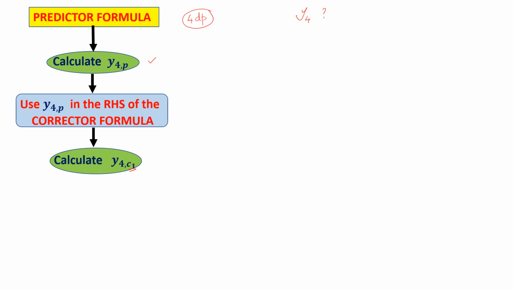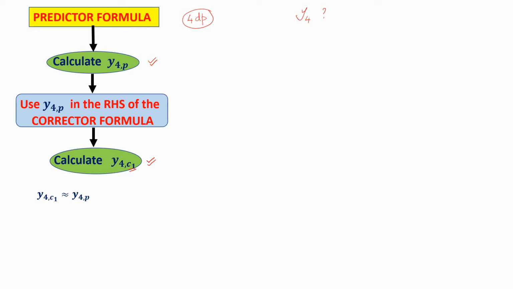Now what are the two values I've got for y4? I've got the predicted value here and the corrected value here. We shall check whether both these values agree correct up to 4 decimal places. So we are comparing the old value of y and the new value of y. So is y4c1 approximately equal to y4p, correct to 4 decimal places?